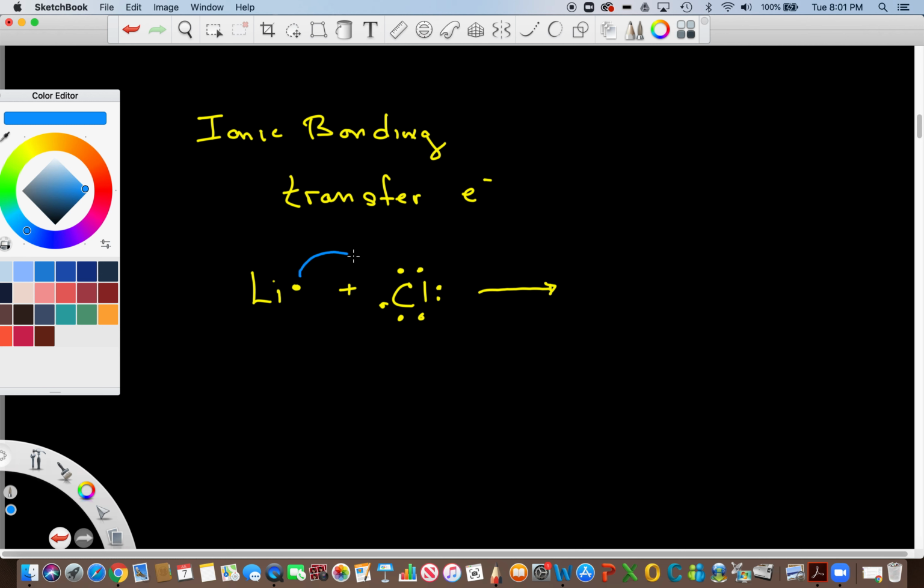So the electron from the lithium goes to the chlorine. And now we have lithium with a plus charge. And chloride now has 8 electrons around it, and it has now a negative charge.